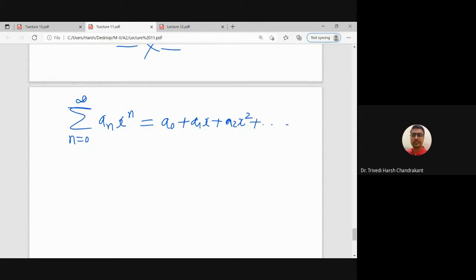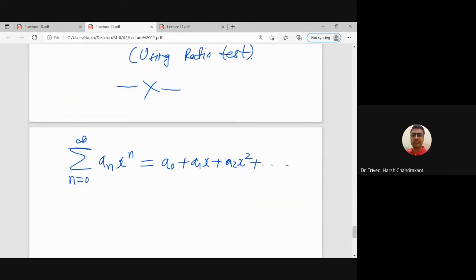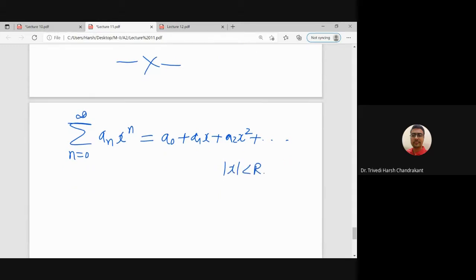So the series converges means this sum is a finite number. So every time it may not be a finite number. We know that if we add 1 plus 1 plus 1 and so on, it is actually infinite, if we add 1 infinitely many times. So therefore it is important whether this sum is finite or not. And that is this result that we can find, the series converges for mod x less than some number r.